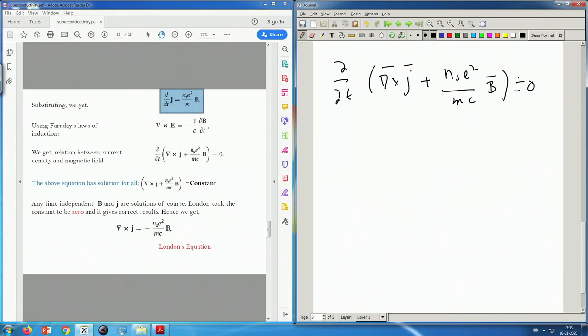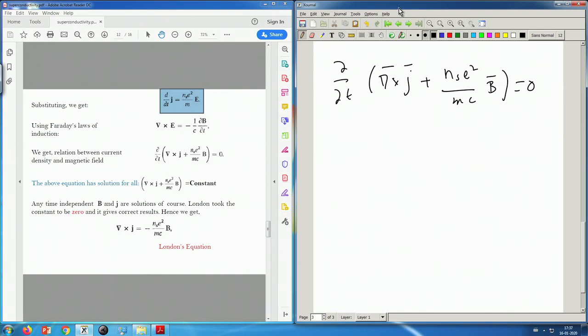Okay. So, the above equation clearly tells you that whatever is inside this bracket is time independent. That is all this equation tells you, so this is a constant independent of time. That means any time-independent B and j will give you a solution of this equation.